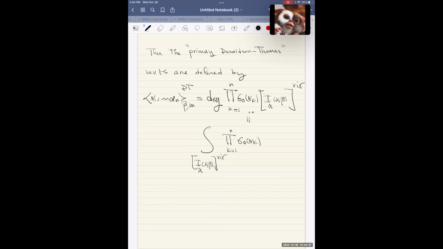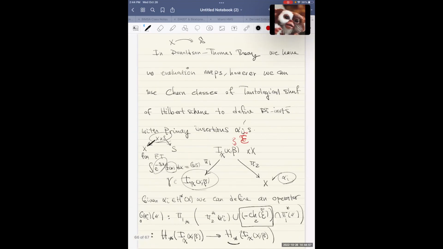Okay. So this is what it is. Now, you might say, what happened? I have an operator, okay? It takes an element of homology of moduli space of sheaves.